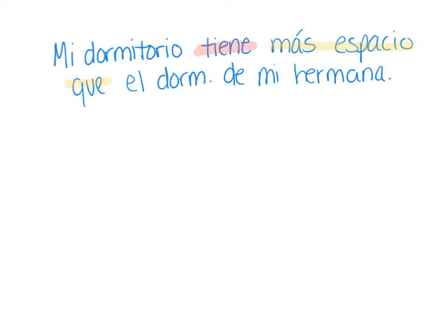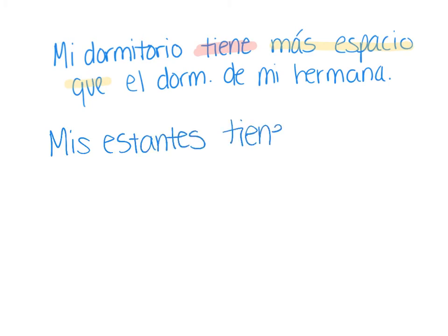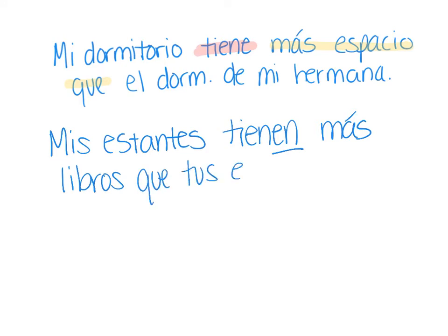If we're talking about objects, I could say mis estantes, my shelves. Now because shelves is plural, I'm going to use tienen, my shelves have, más libros que tus estantes. My shelves have more books than your shelves.